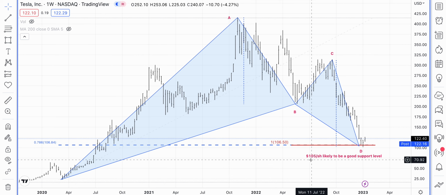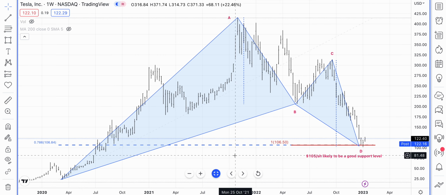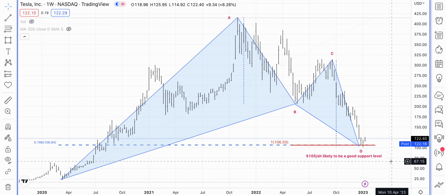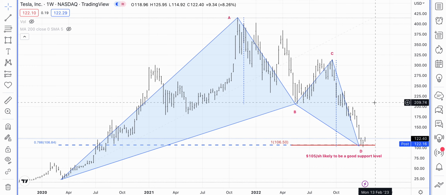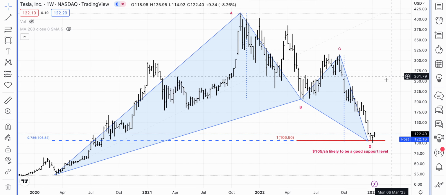So we had a nice confluence of the ABCD structure and a Fibonacci ratio coming together. And this is what we wrote in advance, that 105 is likely to be a good support level. And in fact, till now, the support seems to have held. So that's a good sign.